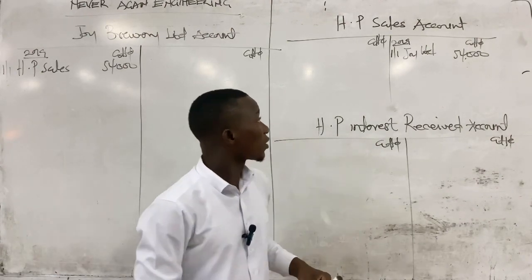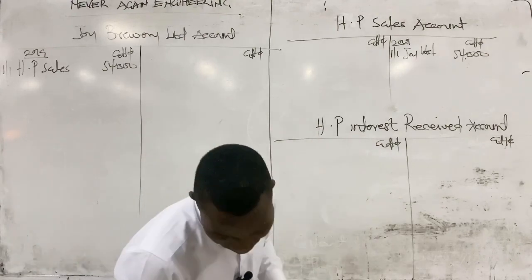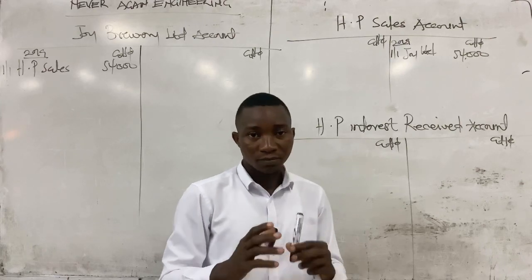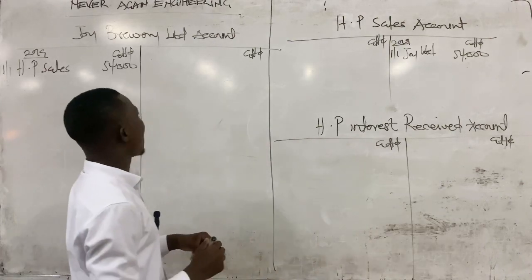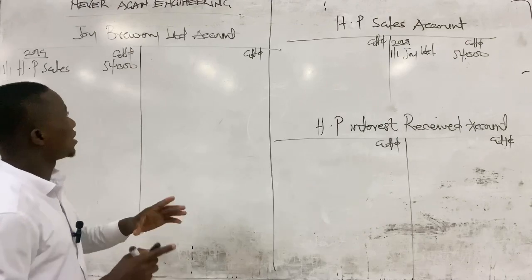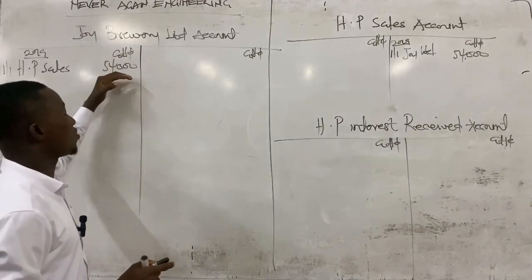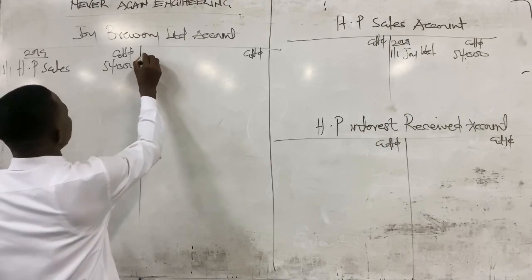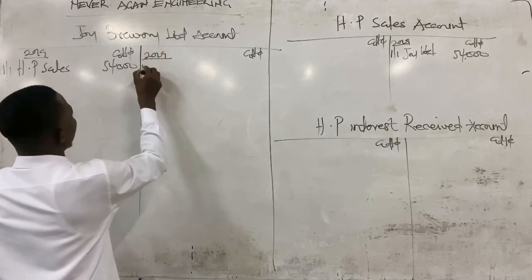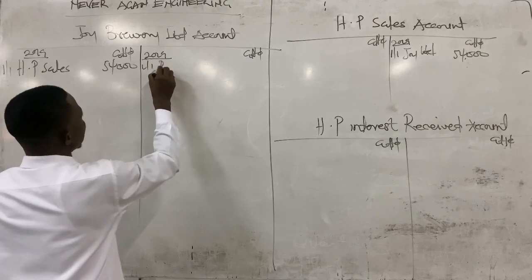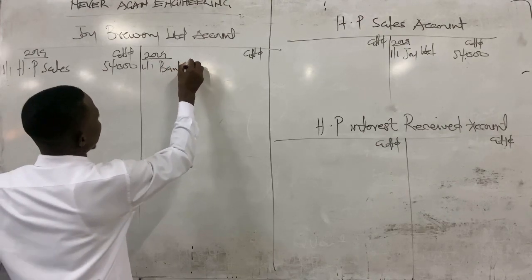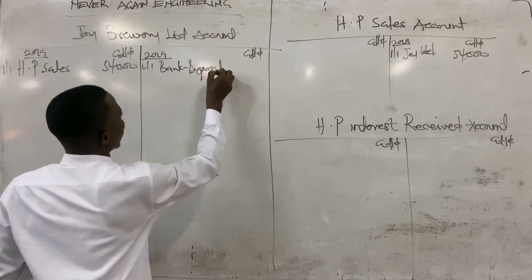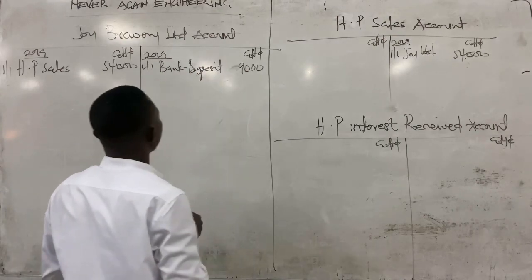Is that okay? And remember that from the question, there is an initial deposit on 1st January 2019. Anytime a deposit is made by the debtor, it is to reduce his or her account balance. So on the same 1st January 2019, there was a deposit of an amount of 9,000.